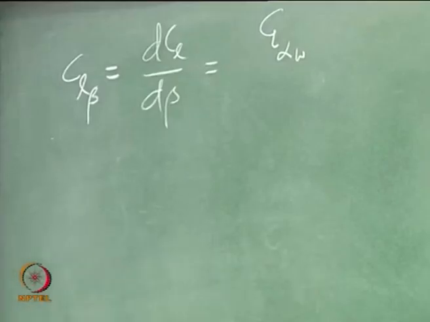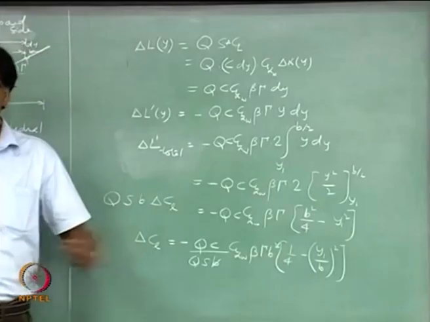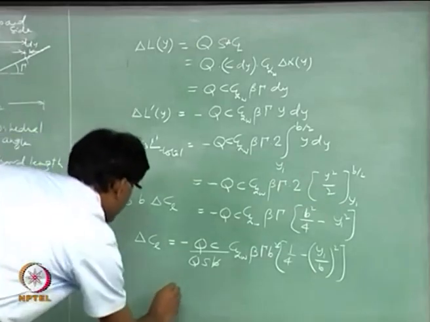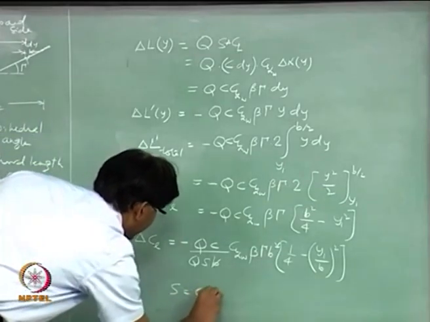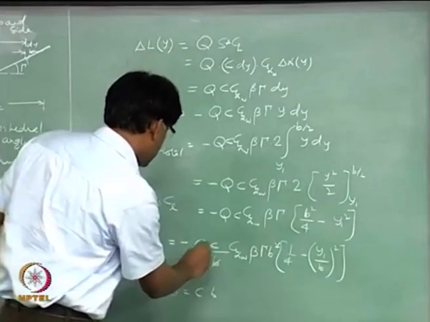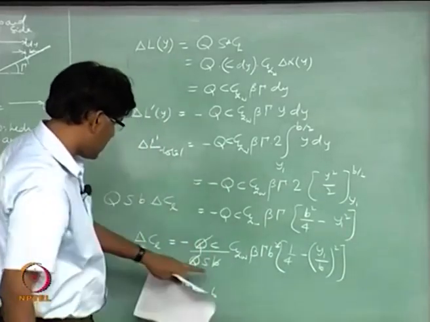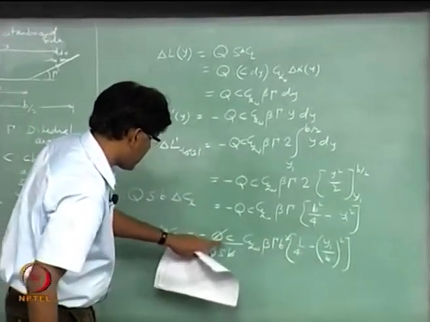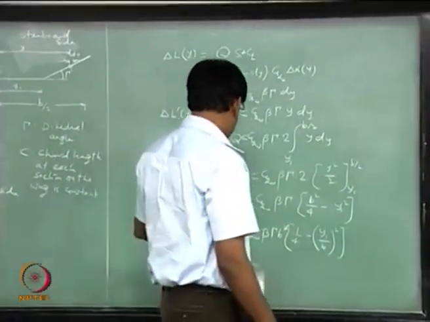and this S is c into b, the wing planform area.